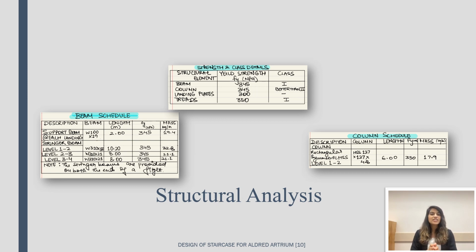The square HSS, which proved to be the lightest section resisting the required movement, shear and deflection for the structure, was a square HSS 127 x 127 x 4.8 with a height of 6 meters, a yield strength of 350 megapascals, and which was better than class 1.